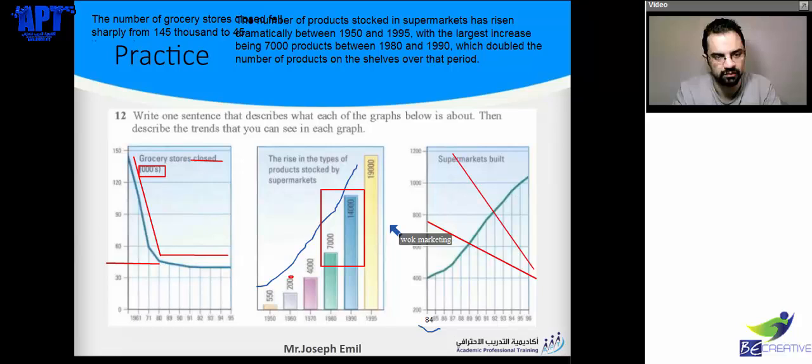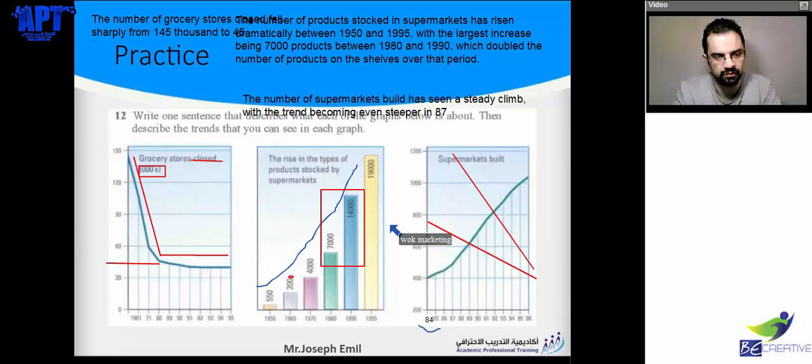So the number of supermarkets built has seen a steady climb. Climb is increase. A steady climb, with the trend becoming even steeper in 87.